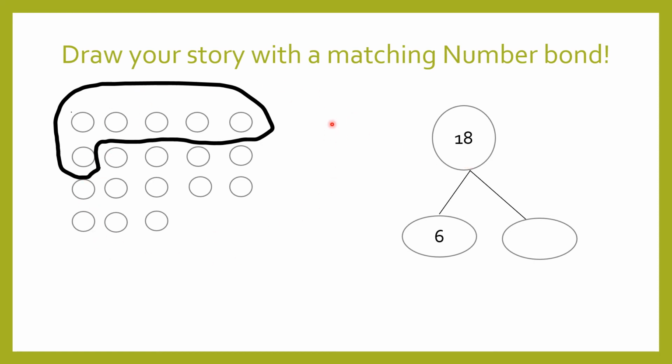Do you see a number part that could represent how many ants were taken away? Got an idea in your brain? Give me a thumbs up. Nice work. Let's see what you came up with.